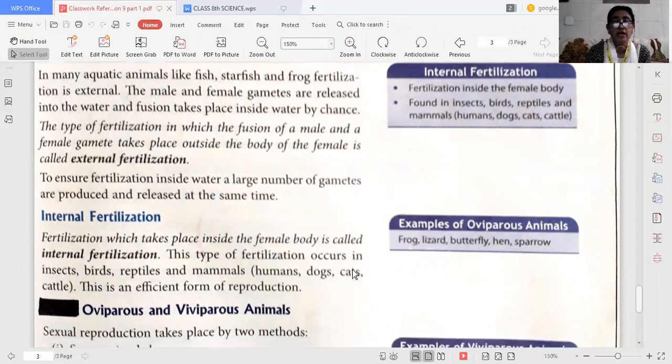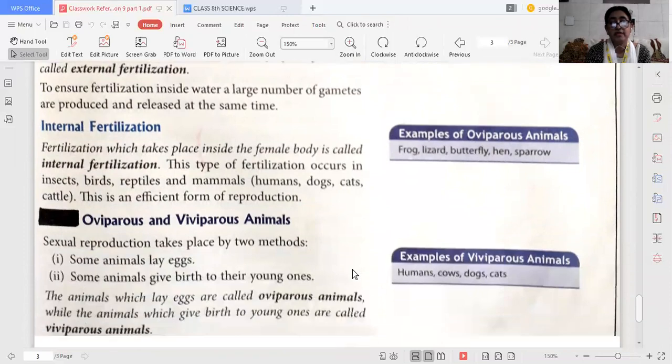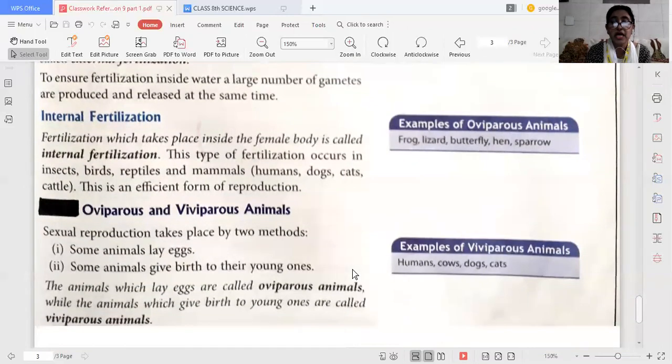Now there are mainly two types of animals: oviparous and viviparous. Some animals lay eggs. The animals which lay eggs are called oviparous animals.